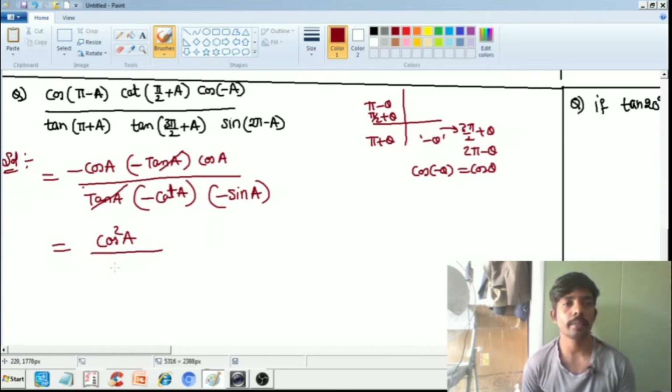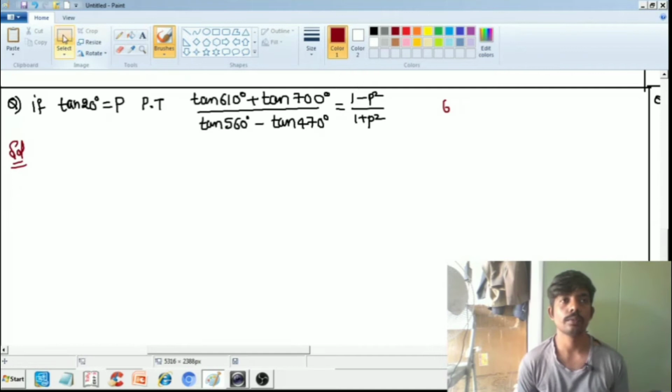So cot can be written as cos by sine into sine a. From here we have minus cot a. So sine cancels, cos cancels, hence cos a is the solution part.